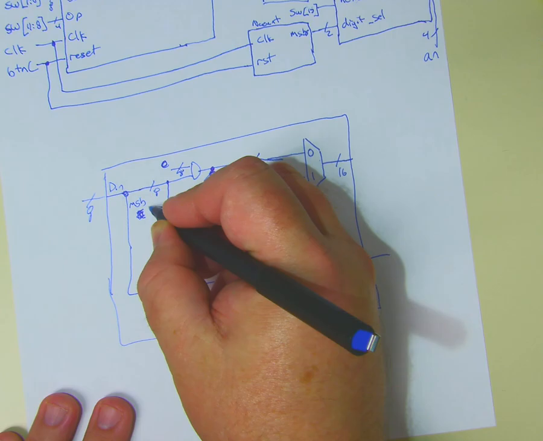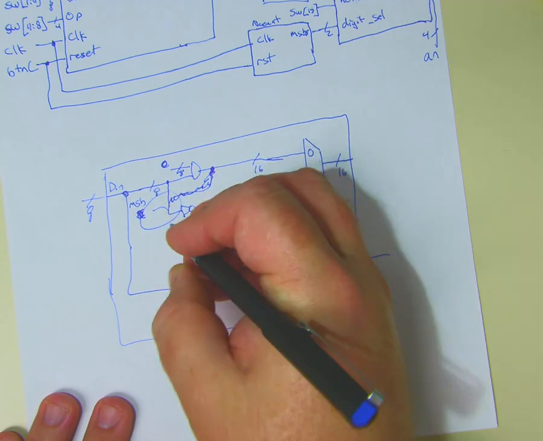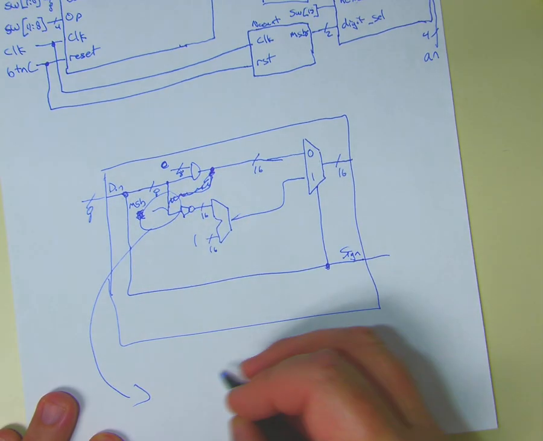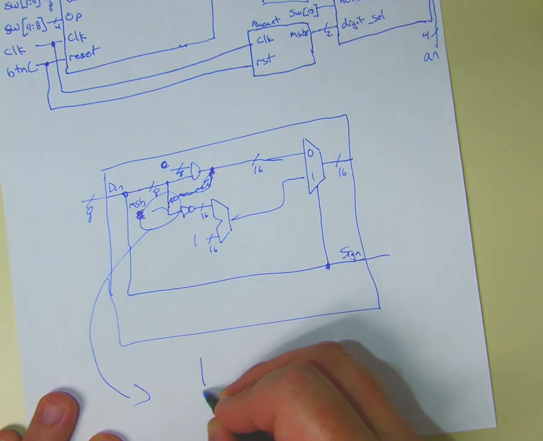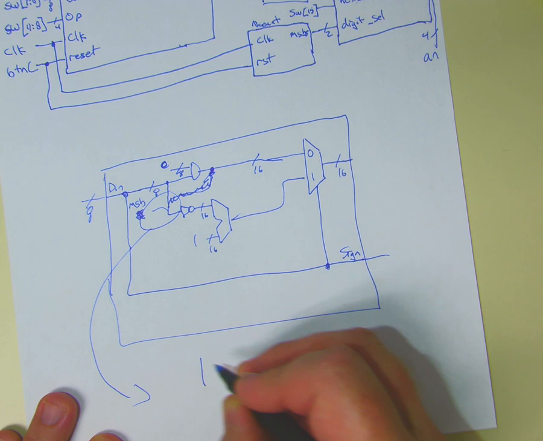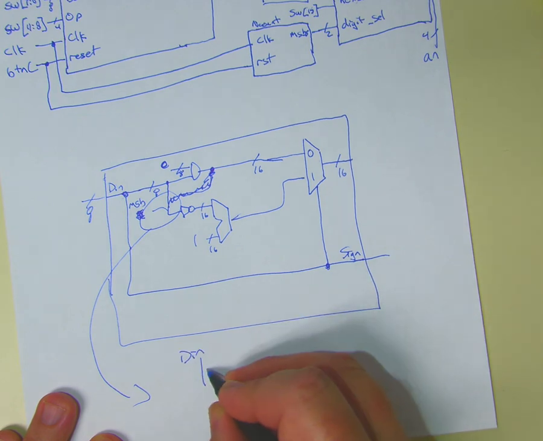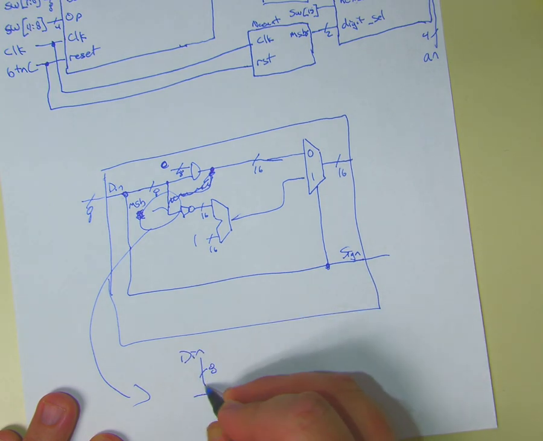Let me put this outside. I'm going to have my data in, which is 8 bits, and I'm going to have to append to it on the most significant bit side. I'm going to have to put 8 bits of 1.